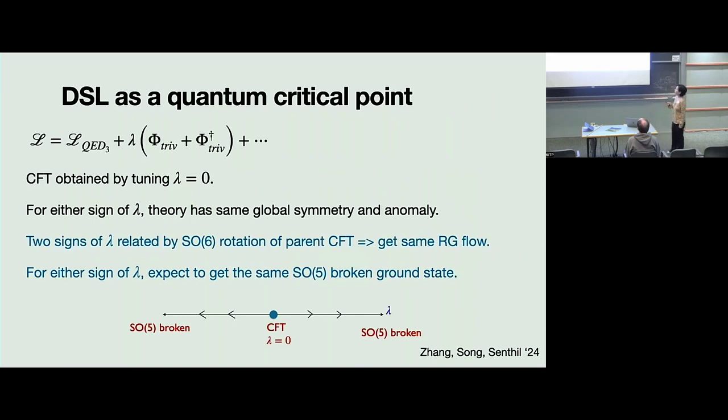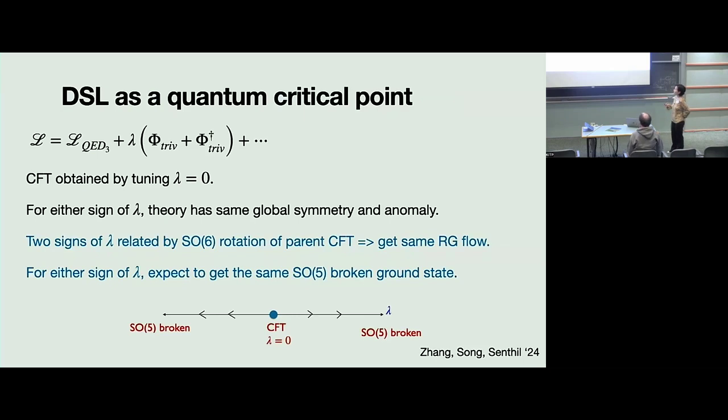So to establish this argument, we add this trivial monopole to the Lagrangian, and as the anomaly of the global symmetry is Z2 classified, the different signs of the perturbation will have the same global symmetry and anomaly.